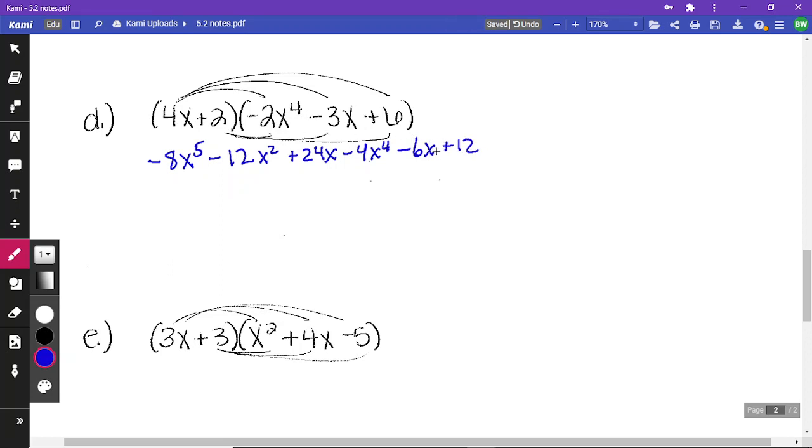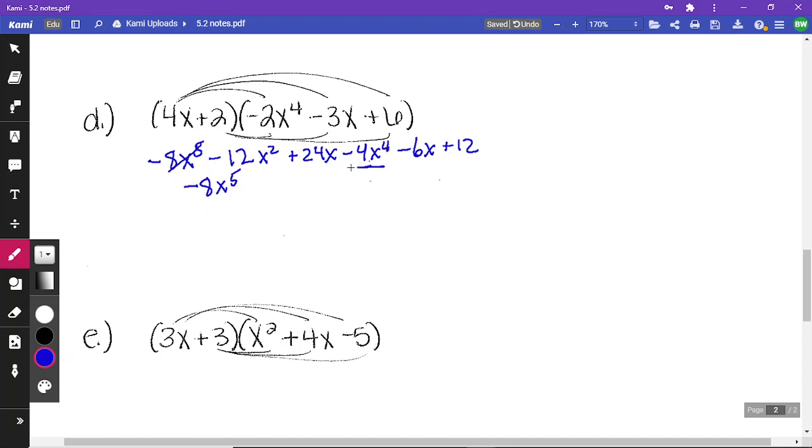So now we combine like terms. We look at negative 8x to the 5th. There is no other. I'll go ahead and cross these off as I go, though. Okay, and then the next largest exponent of x is 4.